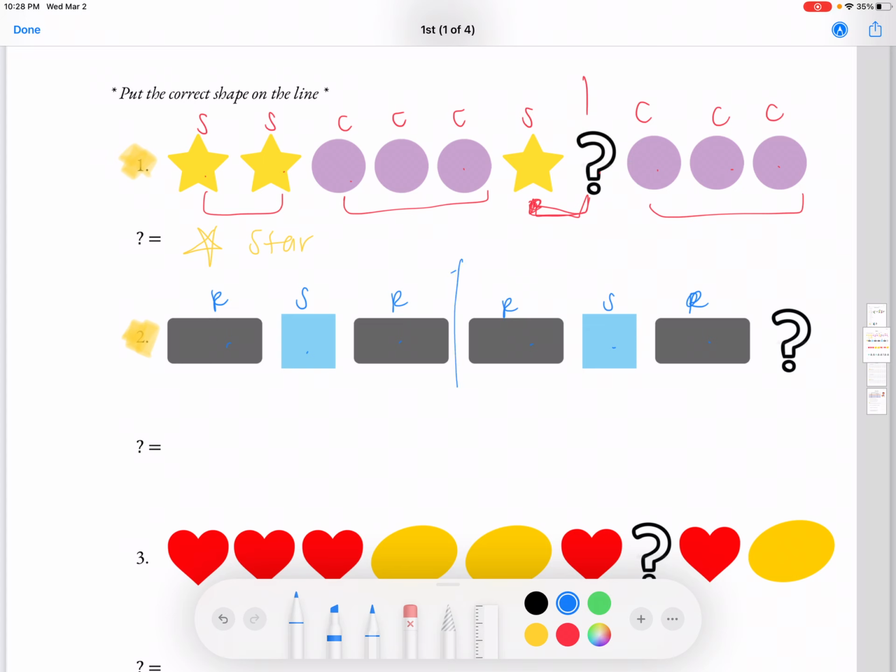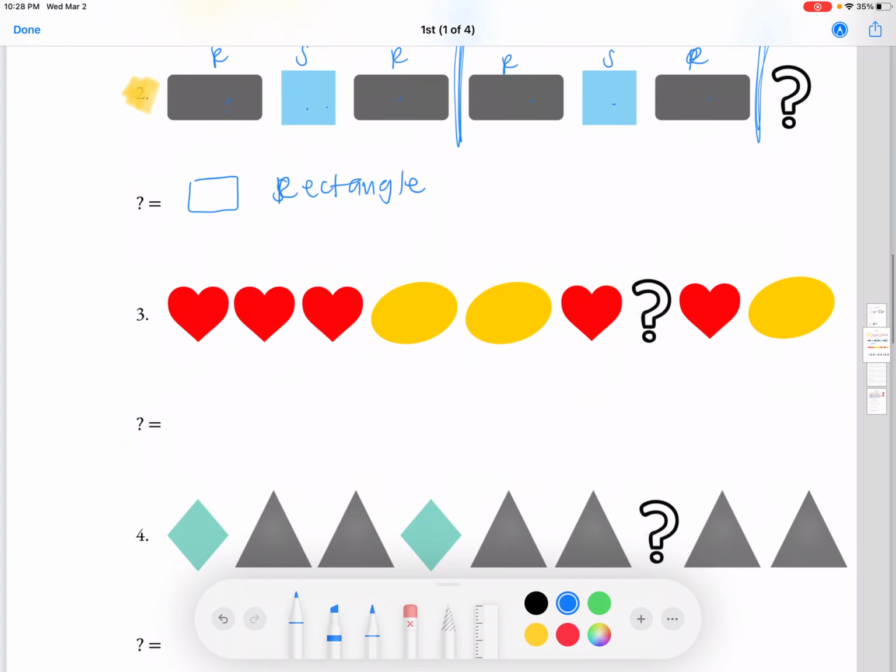So we can cut it right here, rectangle, square, rectangle, and then you repeat the same thing over again, rectangle, square, rectangle, and if it gets cut off here again, what's the next thing to be repeated again? The next thing to be repeated again is a rectangle, so our answer for number 2 would be rectangle.